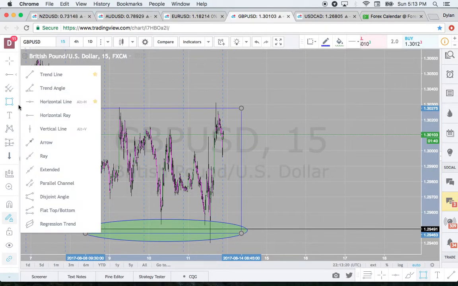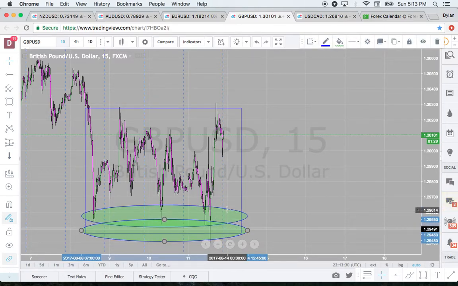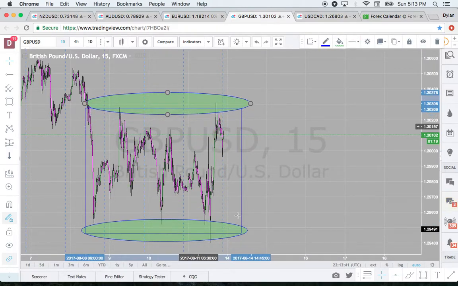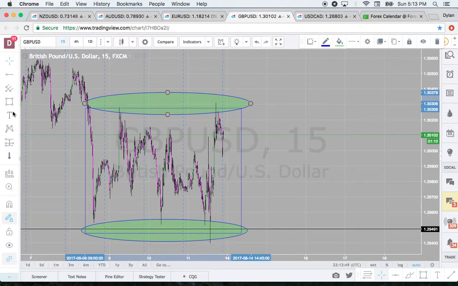Let's copy this here. I can't grab it. There we go. All right. From the high to the low, we can see price just consolidating in this range.